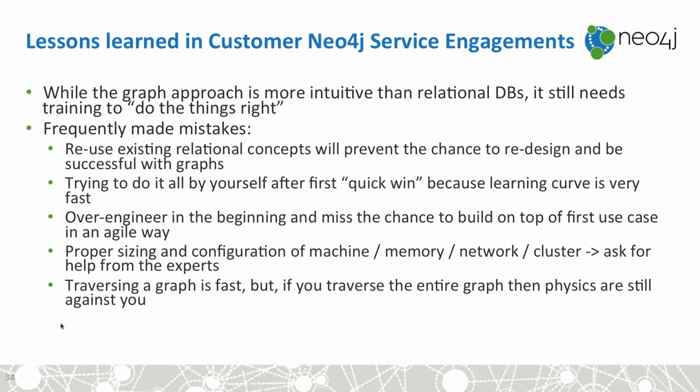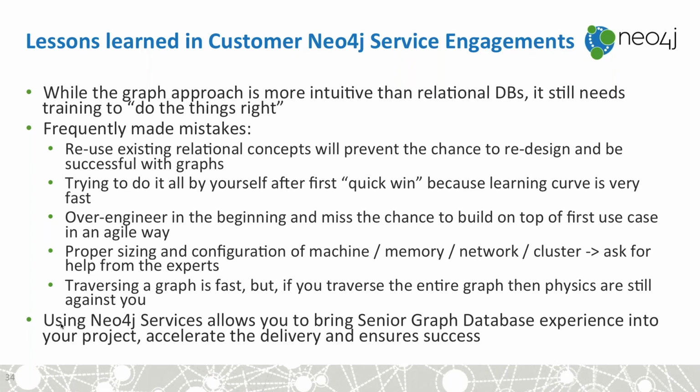So you always want to be selective, and you always want to understand what you really need to traverse versus what not. Right? And to avoid all of those issues we have seen, I would really encourage you to evaluate using Neo4j Services, which allows you to bring senior graph database experience into your project, accelerate the delivery and ensure success, and again, not reinvent the wheel.